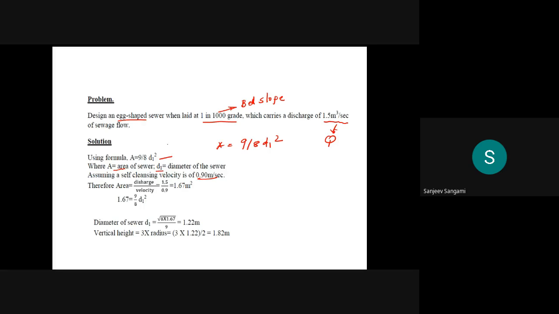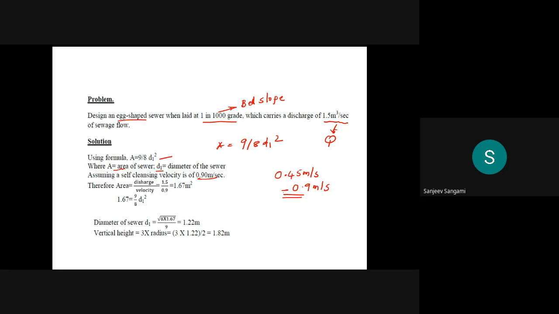We already know that the self-cleansing velocity and the non-scouring velocity range, which I already gave, is 0.45 meter per second to 0.9 meter per second. So you take the maximum value of this, because above this, the scouring velocity will start.